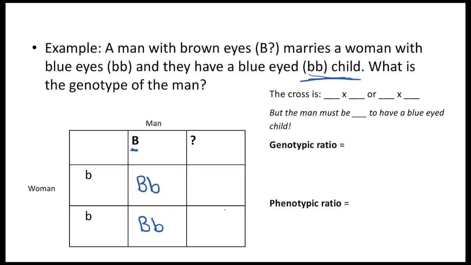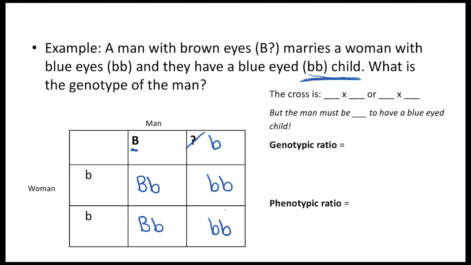And we have a blue-eyed child, meaning that we need to have little b as one of the children. The only possible way for that to happen is for this question mark to be a little b. So that means that our last box here would also be little b, little b.